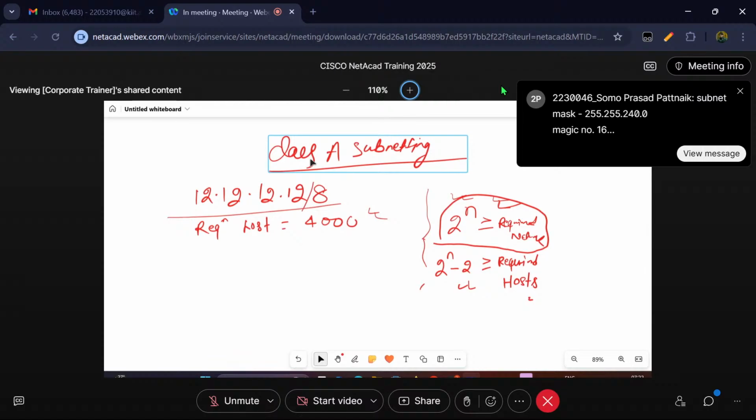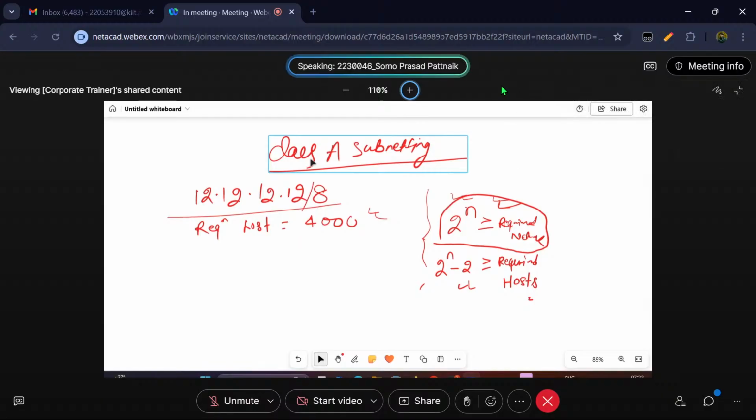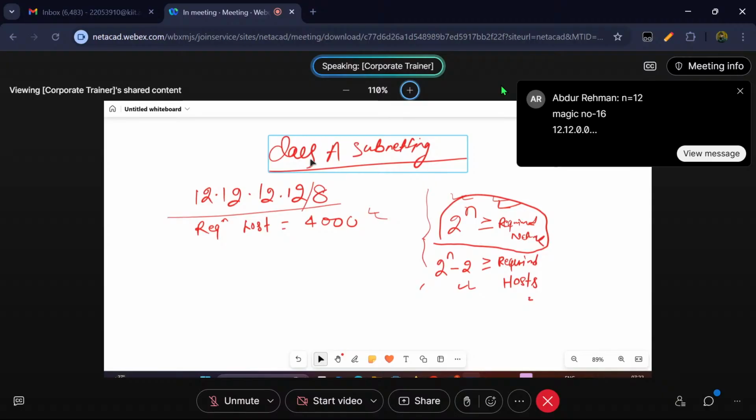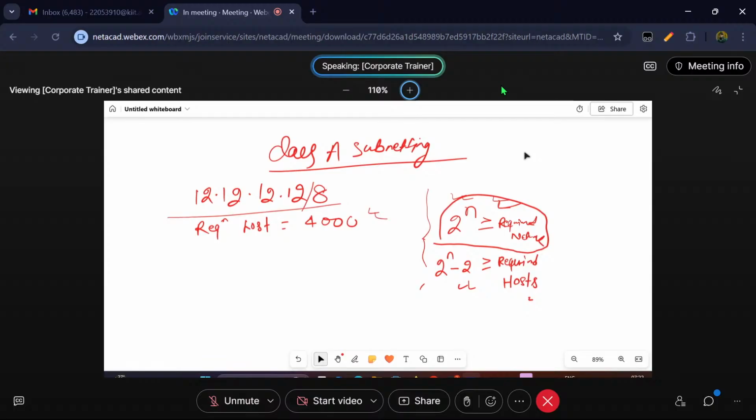Magic number 16 is coming. Yes, sir. So 4,000 hosts are required. Use n value 10, then you'll get 1024. So 1024 into 4, just multiply, no?